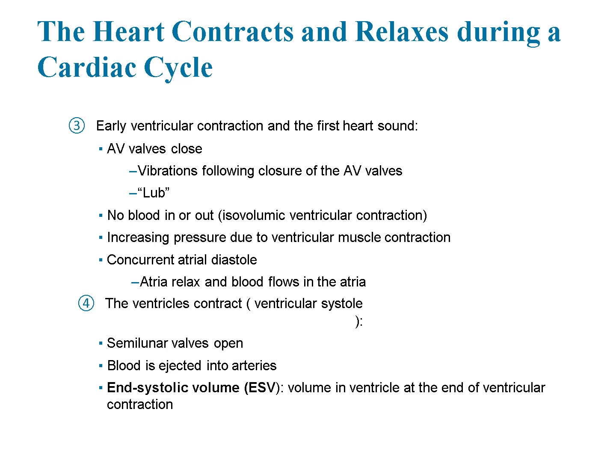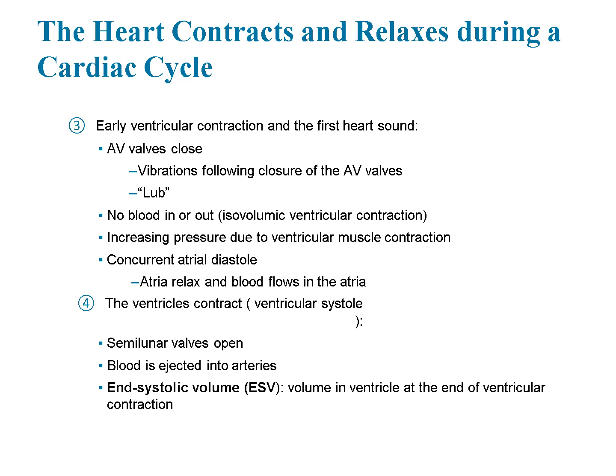In the third phase, known as early ventricular contraction, the atrioventricular valves close, preventing backflow of blood into the atria. The vibrations that result from this valve closure produce the first heart sound, commonly heard as "lub" during auscultation. At this stage, no blood enters or exits the ventricles, a phase known as isovolumic ventricular contraction.